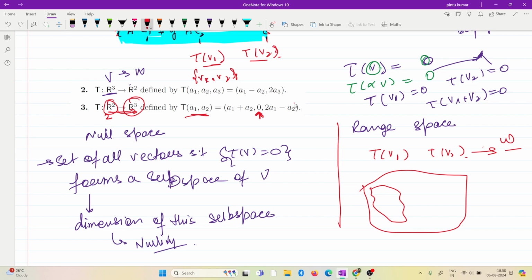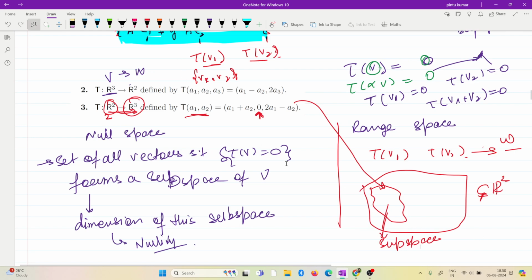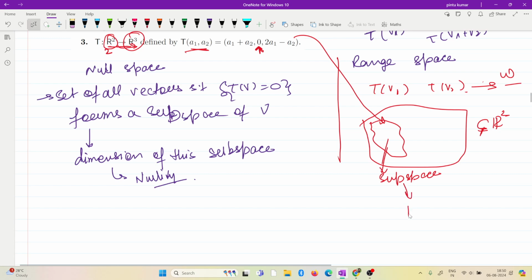So the range of your transformation is a strict subset of your complete space, not equal to it. This subset also forms a subspace, and you can verify this. The dimension of this particular subspace is called the rank of the transformation. I hope the definitions are clear.